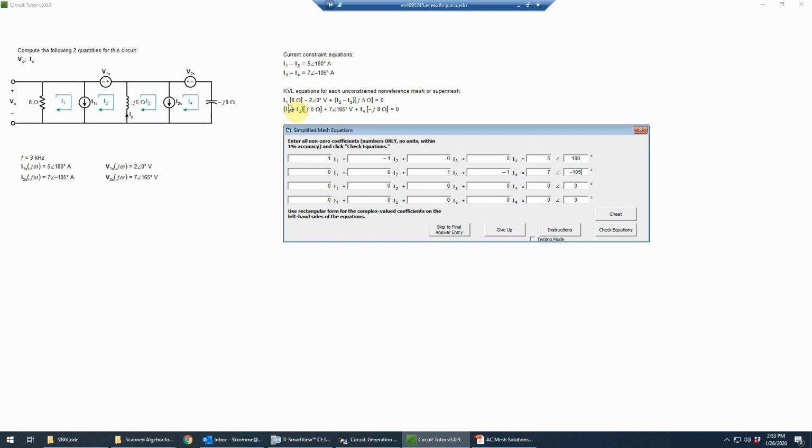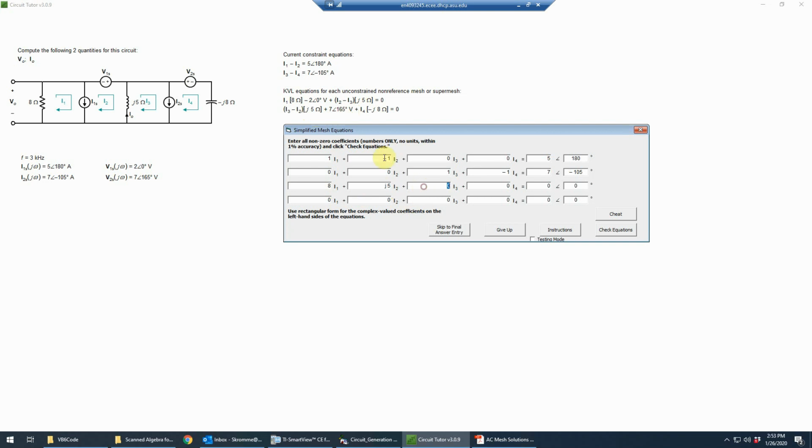And here first we look for the coefficients of I1. There's only one term involving I1, which has a coefficient of 8. Of course, dropping these units now. We don't put any units in these text boxes either. So that would be 8, as it says here, numbers only. And then I2 has a coefficient of J5, as we see here. So we just type that again in rectangular form.